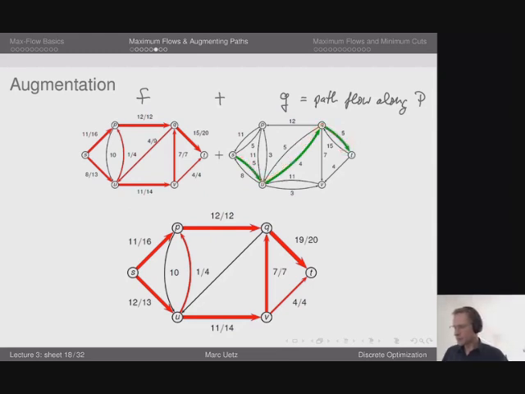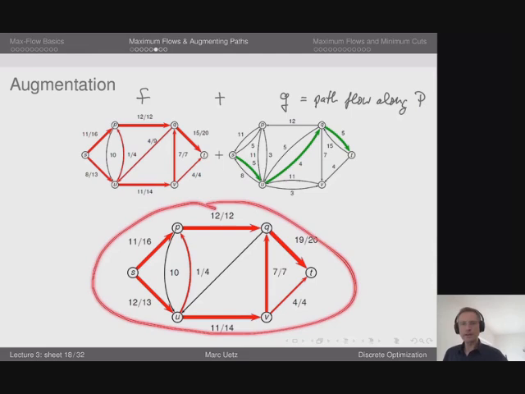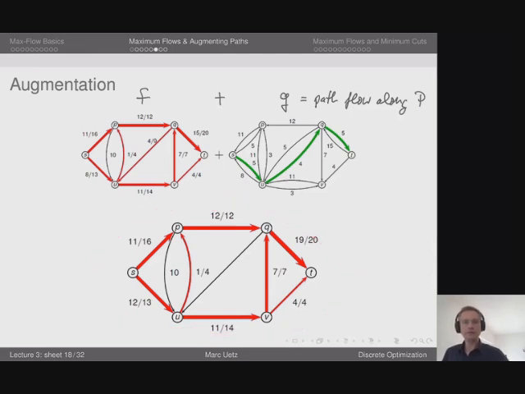Well, by the amount which is equal to the residual capacity along this path, which was actually determined by this edge in the middle, right? Now, flow vectors are just vectors, so I just add these two vectors, f and g. And the previous lemma says that, well, if g was a feasible flow in the residual graph, then the resulting flow will again be a feasible flow in the original graph. And that's also what we get.